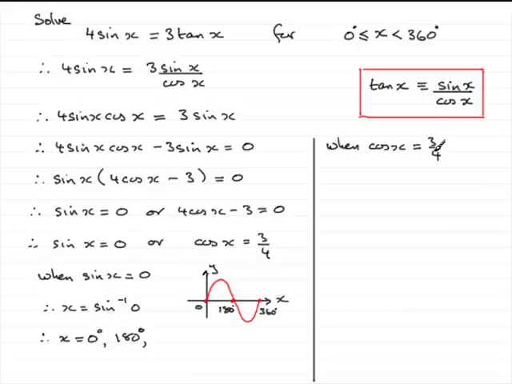So if we take cos x to be a positive value, 3/4 is positive, then if we draw the quadrants, 0 degrees there, 90, 180, 270, 360. In the usual way, where's cosine positive? We should know it's in the first quadrant and the fourth quadrant. So we can draw a line equally inclined to the horizontal here in the first quadrant and the fourth one, marking those two angles as being exactly the same.